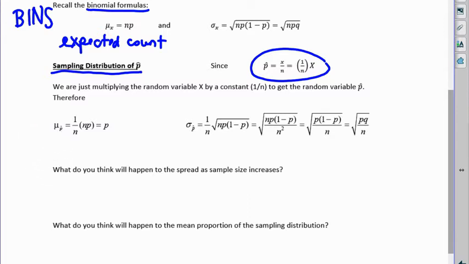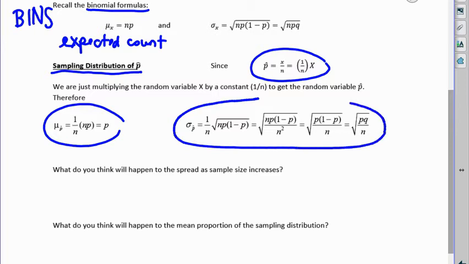We can multiply the random variable x by the constant 1 over n, and that will get us the random variable for p hat. Therefore, that's how these two formulas that we see here, which are going to be extremely important, are going to help us with the mean and the standard deviation for the sampling distribution of p hat.